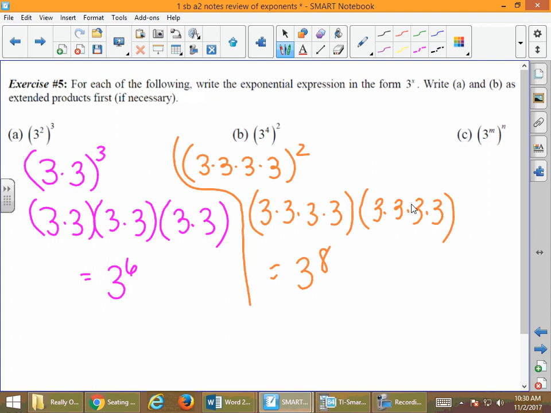Again, it's just a quick couple of examples, but can we determine what that rule is when we do these kind of problems here? Well, if we go back and look at the exponents, we had an exponent of 2 and an exponent of 3. When we finished, we came up with 6. When we started, we had an exponent of 4 and an exponent of 2, and we ended up with an exponent of 8.